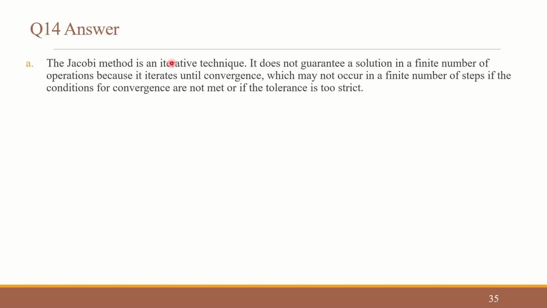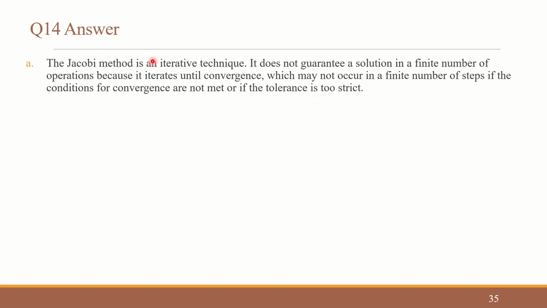Jacobi method is an iterative technique. It does not guarantee a solution in a finite number of operations because it iterates until convergence, which may not occur in a finite number of steps if the conditions for convergence are not met or if the tolerance is too strict.